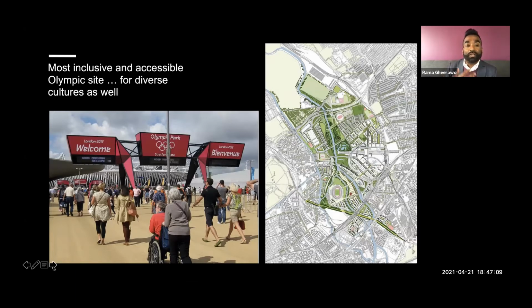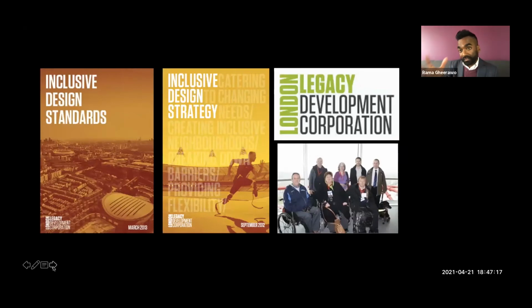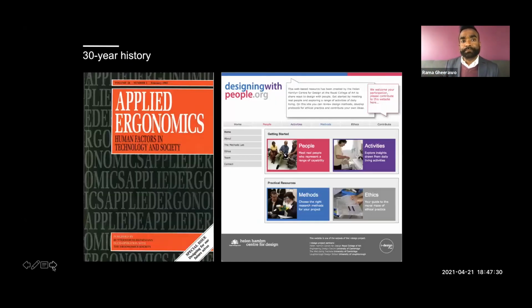And this example of the Olympic Park, one of the reasons that London won the Olympic Games in 2012 was inclusive design. And these were the strategy documents that the park created to actually show that they were going to create a legacy of inclusivity and accessibility after the Games.